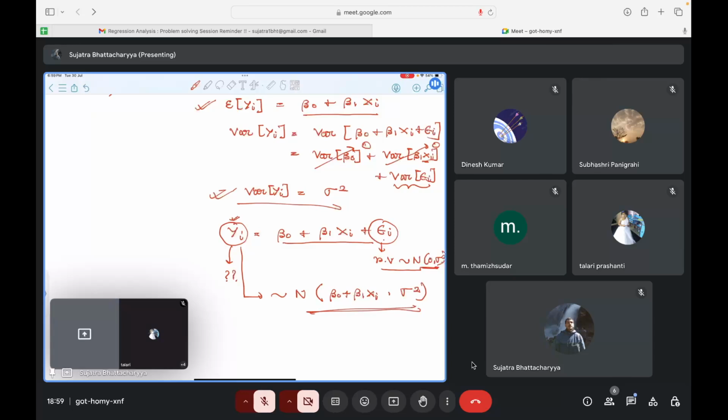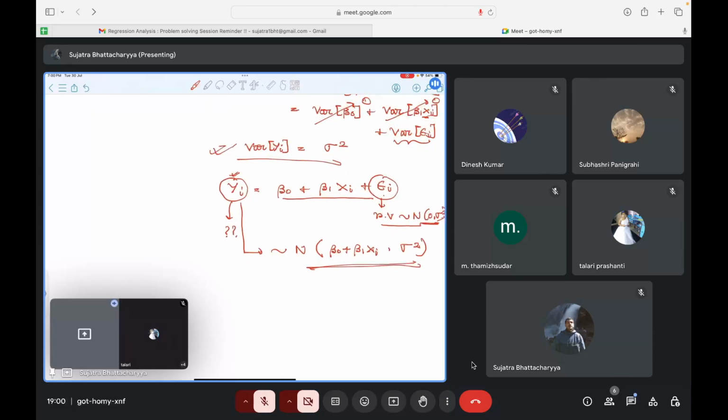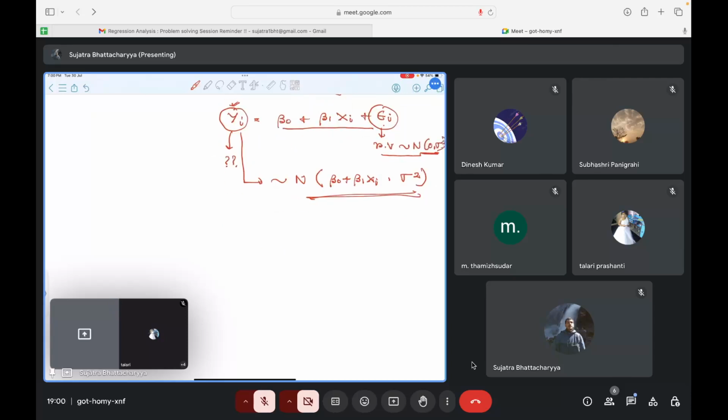So yi's distribution is normal with mean beta naught plus beta 1 xi and sigma square as the variance. These are all population parameters. Be careful. What people generally write is that yi is independent, because each of the i's is independent of the others, and yi follows normal with beta naught plus beta 1 xi comma sigma square. Perfect. So this is how we get it.